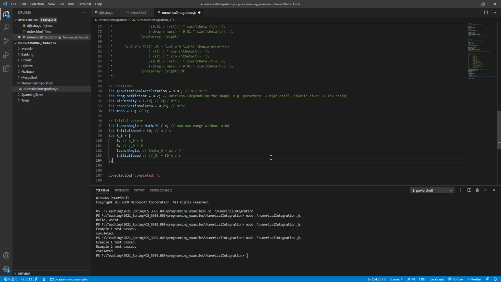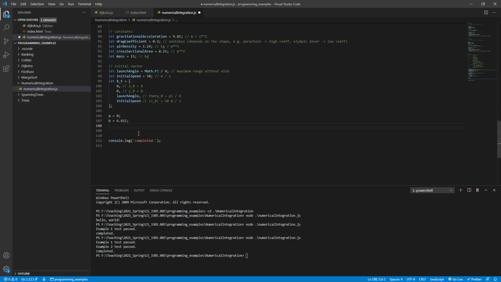Which is 50 meters per second. Okay. So now we initialize our integral as before. We have our beginning and our end. This is how many seconds it'll take, or how many seconds we're going to let it evolve for.